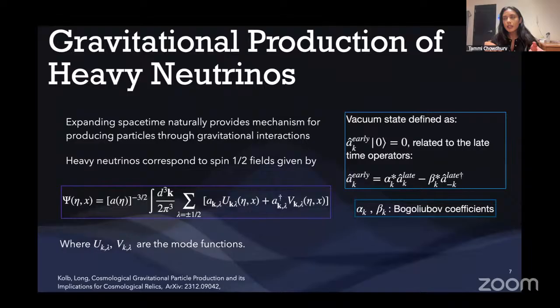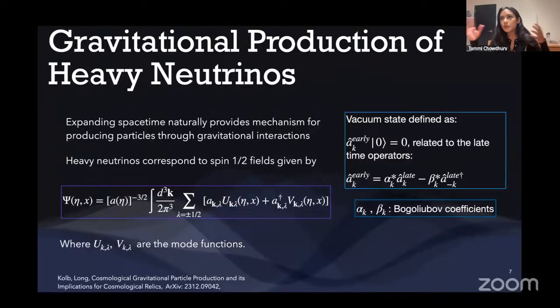If you have one vacuum state that one observer would state is a vacuum state, in a different observer's frame it would be occupied at some late times. So these two observers would not agree on what is in fact the real vacuum state.